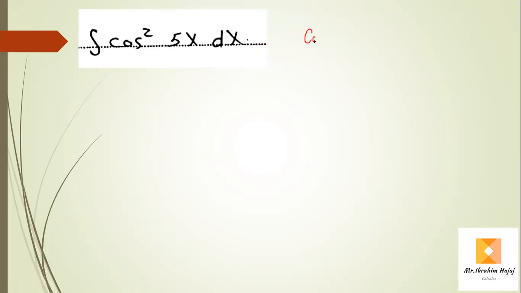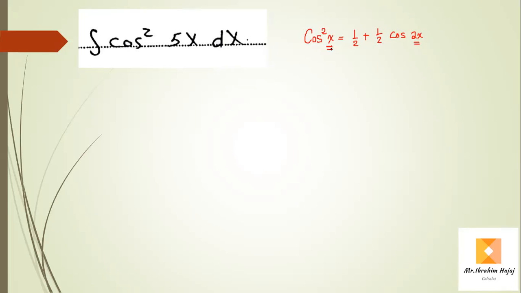The identity we have to use here, this is the basic fact: cosine squared x equals 1/2 plus 1/2 cosine 2x, cosine double the angle. If we have x here, then 2x inside.